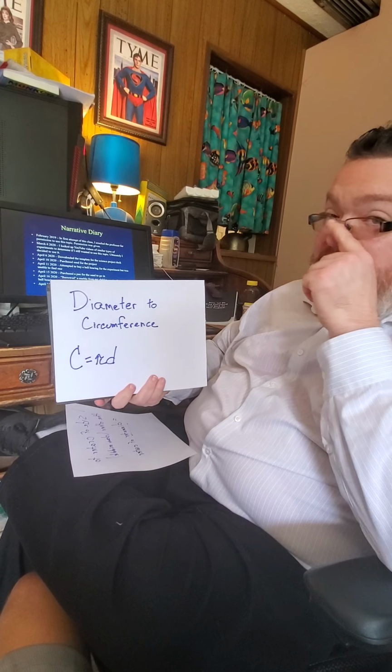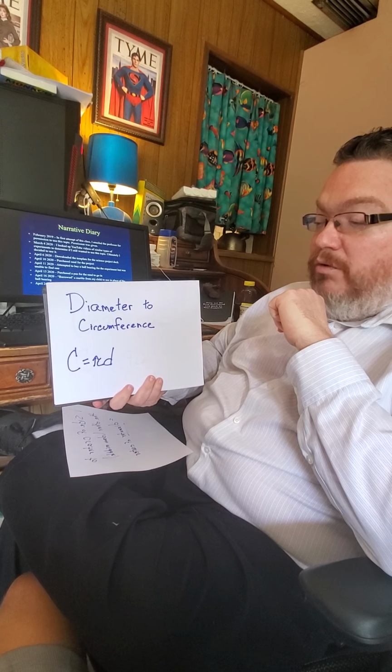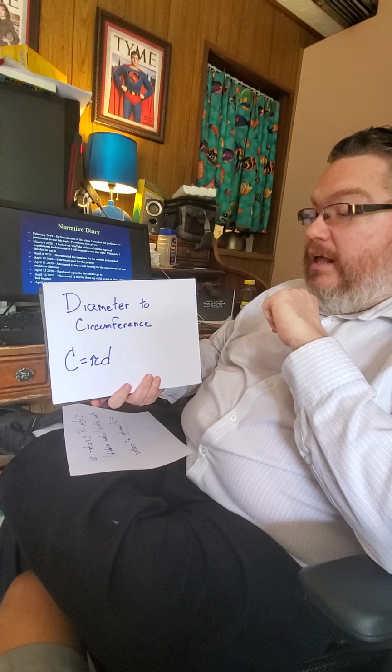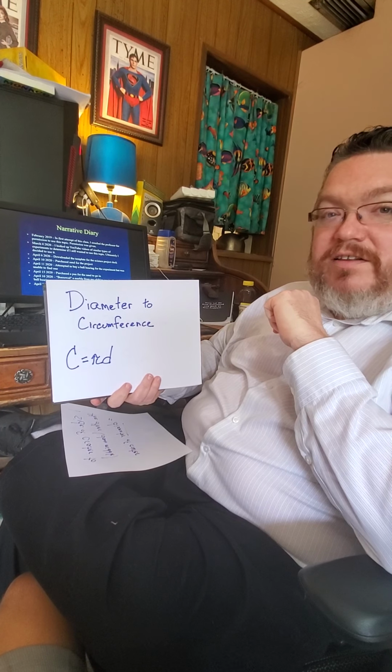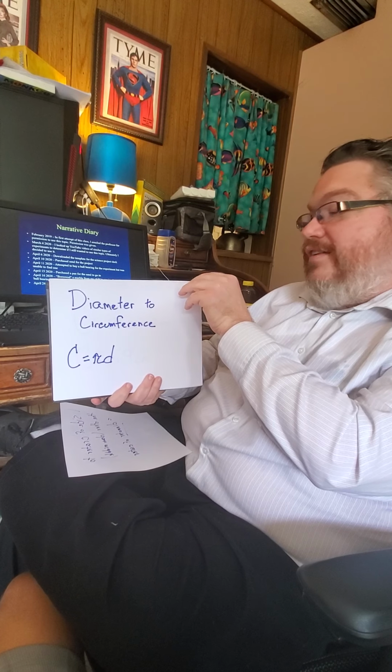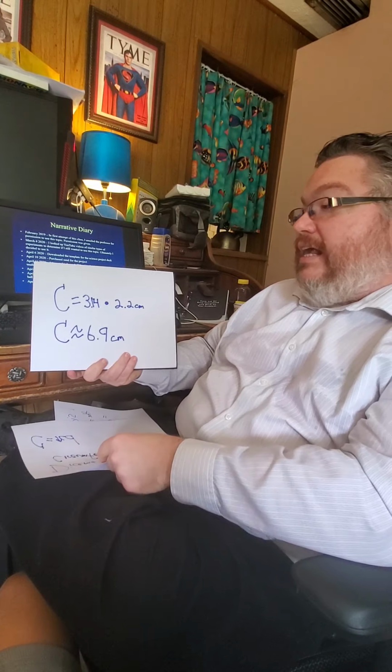Now, to change the diameter to a circumference, we have a little formula here that is C equals pi times d. We've talked about pi before. Pi is a very important number when we're dealing with measurements of circles. In this case, we use a very simplified version of pi, just two digits after the decimal point, so it's 3.14.